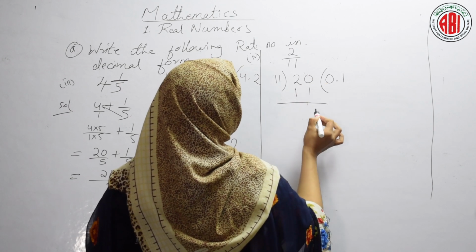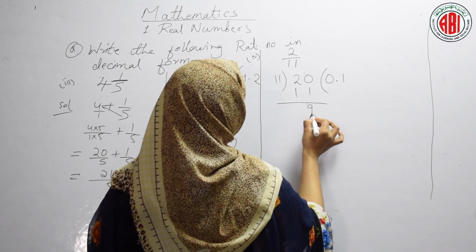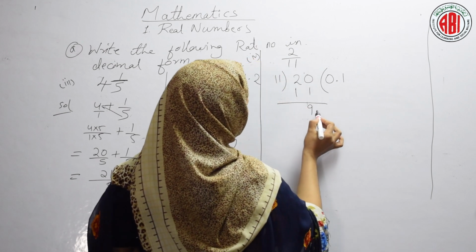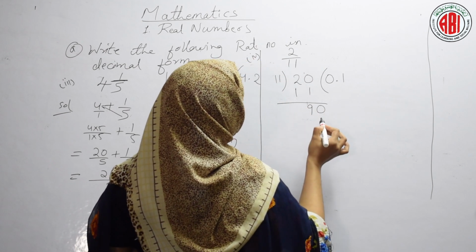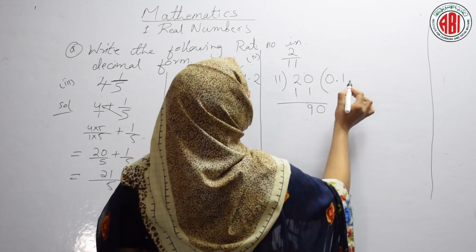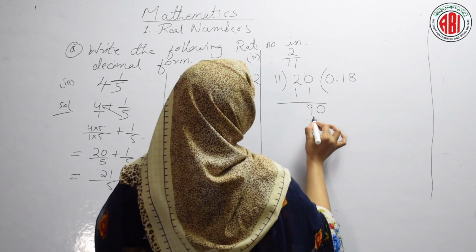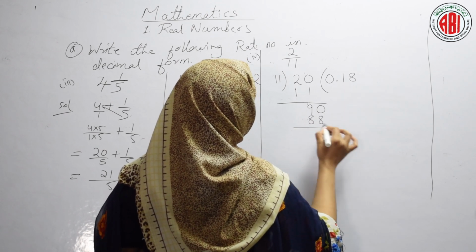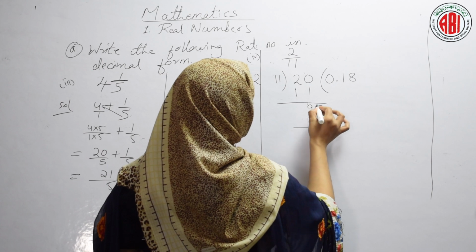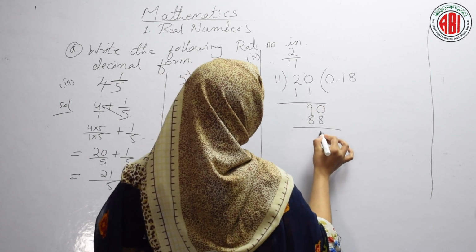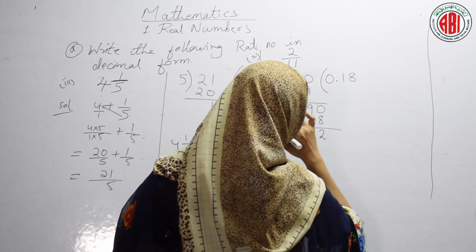Now 10 minus 1 is 9. Now what can we do again? You have to add 0, 90. 11 9s are 99, that we can't use. So 11 8s are 88. Now subtract it, borrow 1, 10 minus 8 is 2, okay.